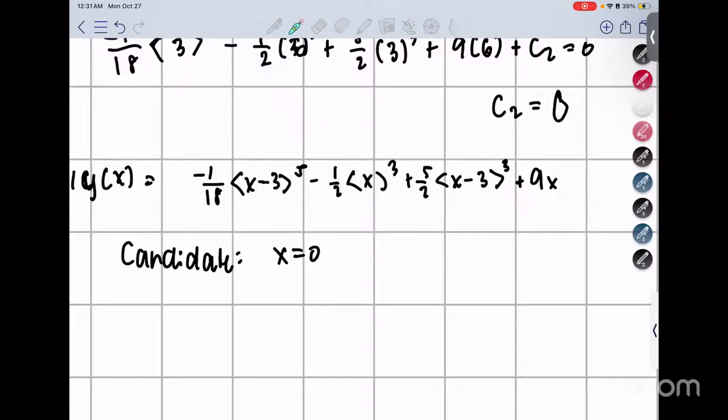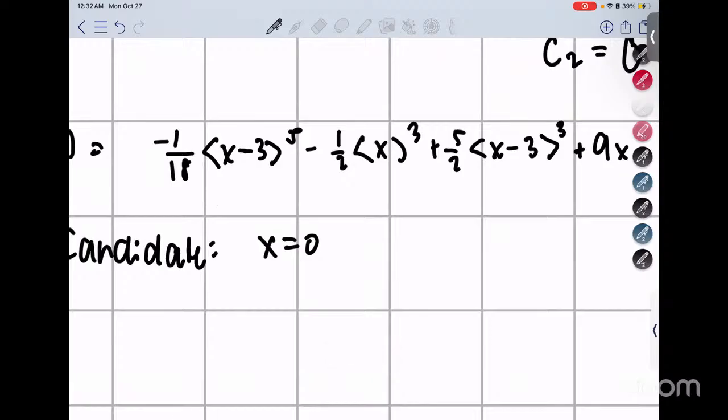Pag greater than 3, then these are included. So this gives us a clue na potentially doon natin mahanap yung malaking difference. So x could be greater than 0 but less than or equal to 3, or x is greater than 3, less than 6. So those are our 3 candidates.